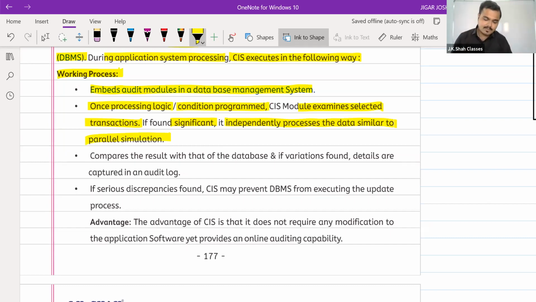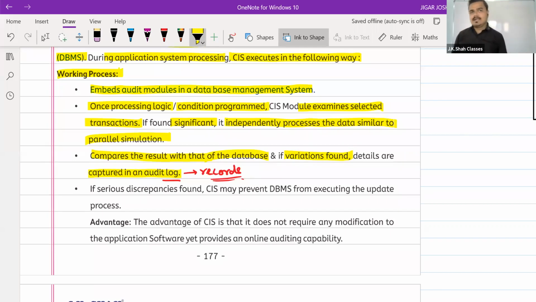It compares the result with that of the database, and if a variation is found, if something is not matching the condition, then the details will be captured in the audit log. What do you mean by log, my dear chartered students? Record.